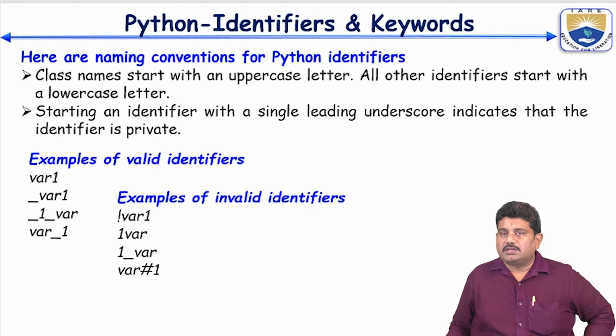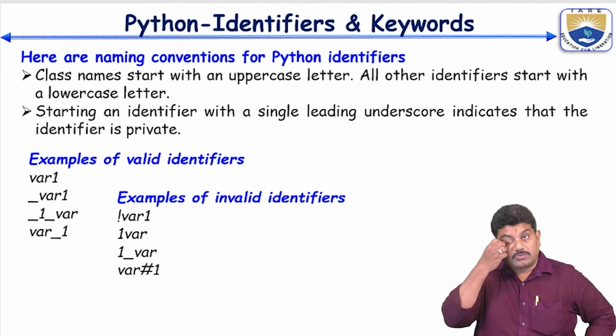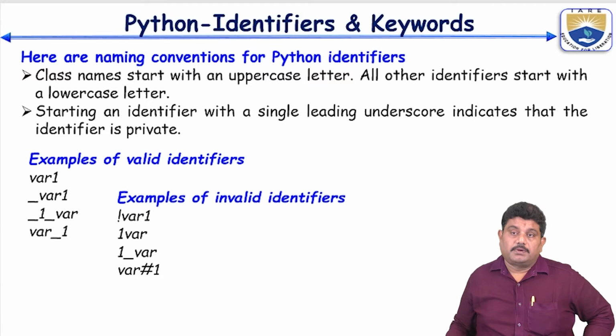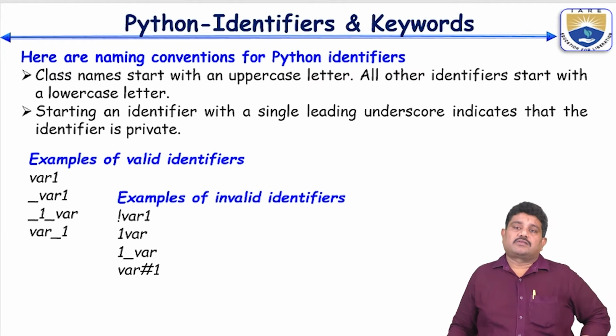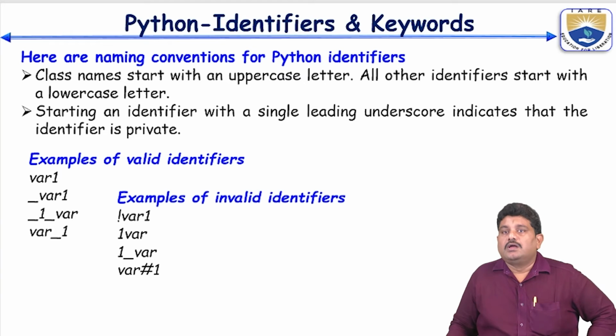You should start either with a character or underscore. You cannot start with a number, so that's why it is invalid. Here also the variable name starts with a number followed by underscore. This is also invalid. Here is a variable with a hash symbol. These special symbols other than underscore you cannot use in variable names.